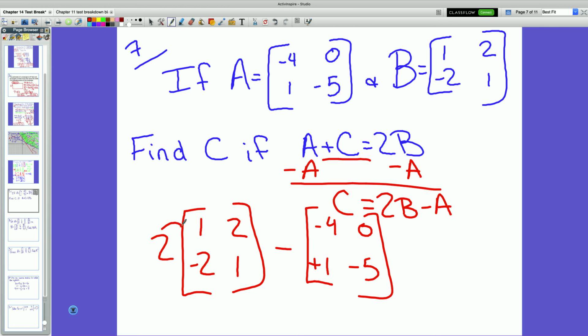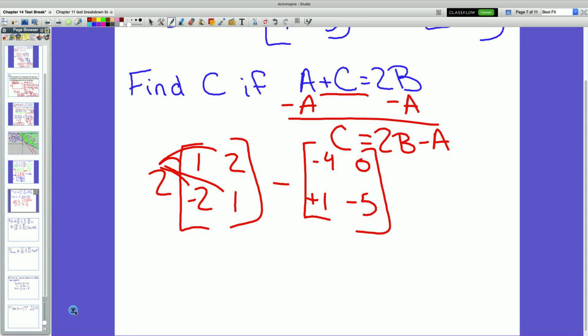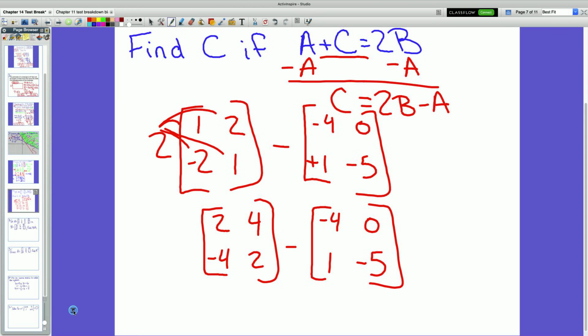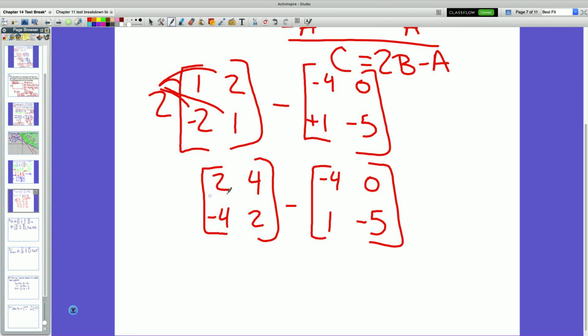I have to distribute this first. Scalar multiplication here, so I would get 2, 4, negative 4, 2. And then I subtract negative 4, 0, 1, negative 5. Remember, matrix subtraction or addition is done element by element. So 2 minus negative 4 turns into a plus, so this ends up being 6.